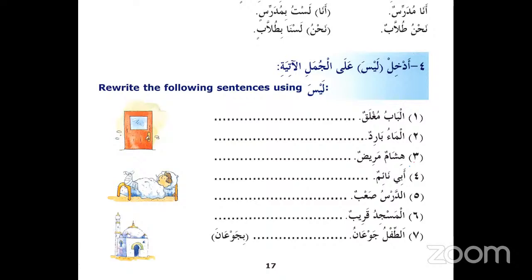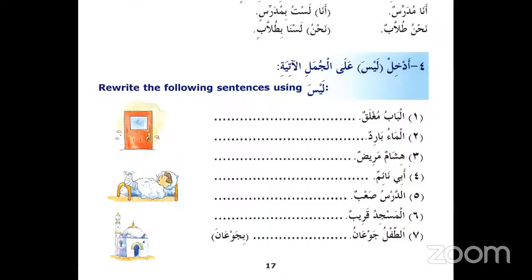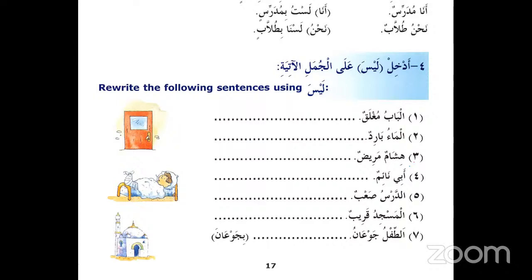The ism of laysa is marfu, and the khabar of laysa is mansub. Laysa al-babu mughlaqan. Laysa al-ma'u baridan. Correct. Laysa hashimun maridan. Laysa bi na'iman. Laysa darsa saban.